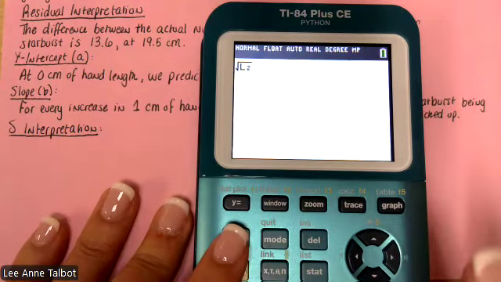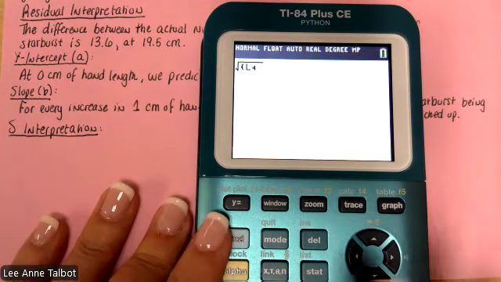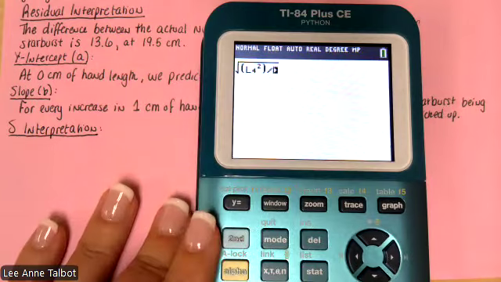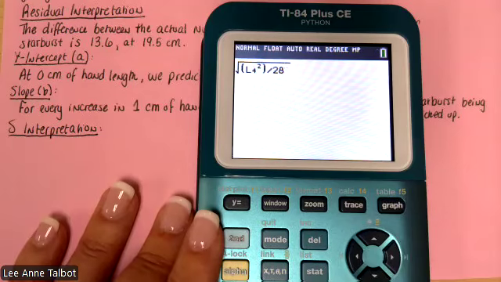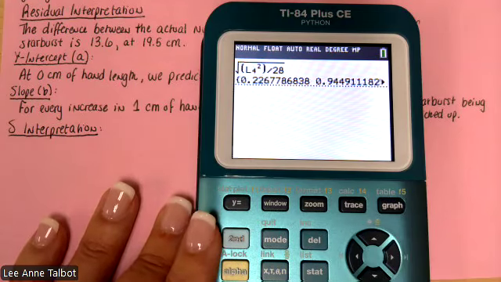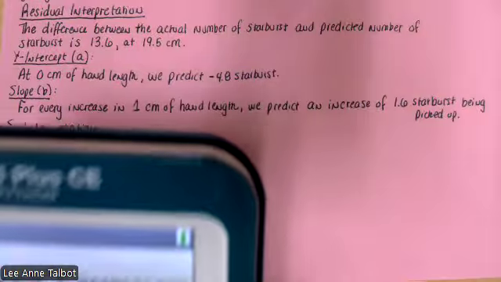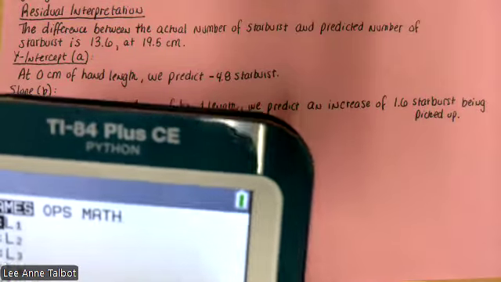Hold on. How many points were there? 30? Okay, wait. I forgot a step.